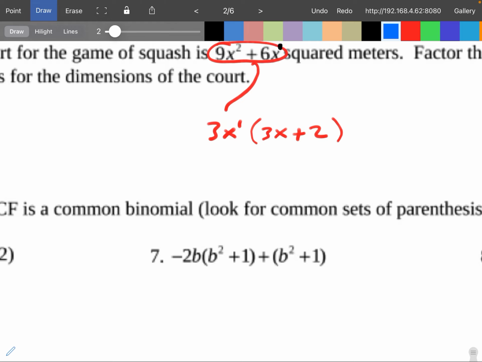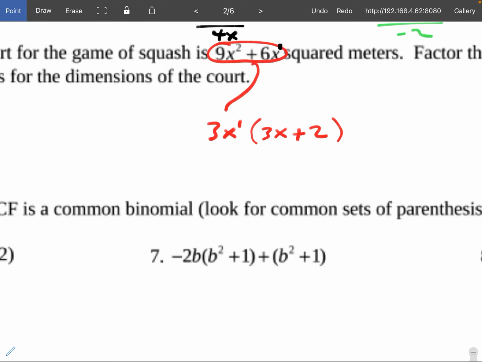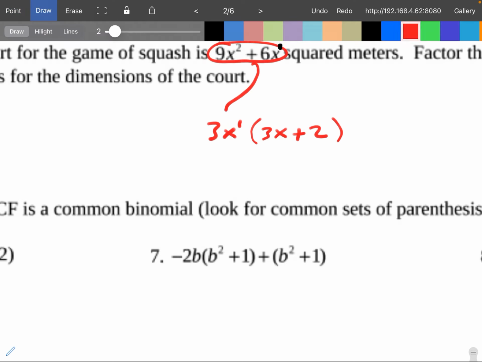All right, so then basically what they said is they talked about the area of this court for this game. The area is equal to this expression right here, the 9x squared plus 6x. So you've broken that area down into this 3x times the quantity 3x plus 2. Well, all you're really doing there is like area equals length times width, right?